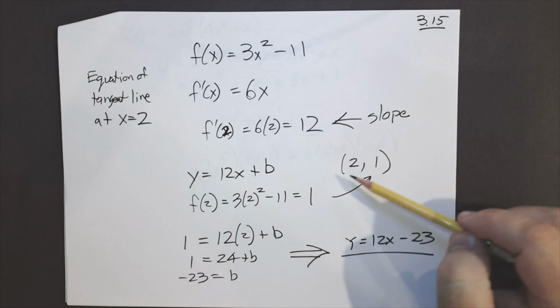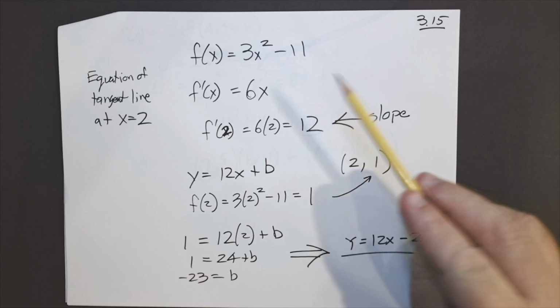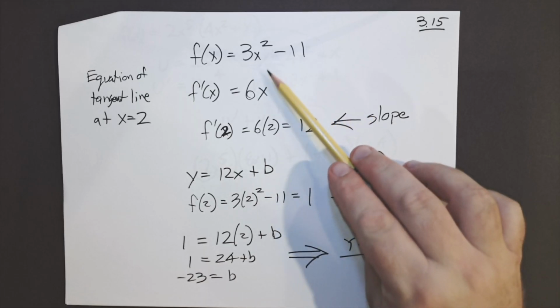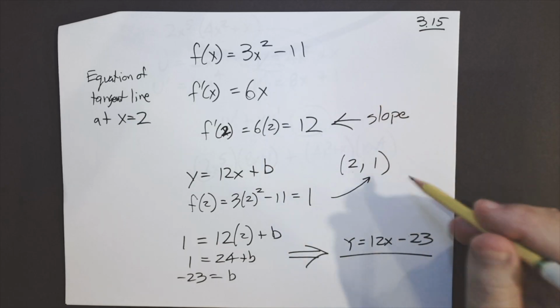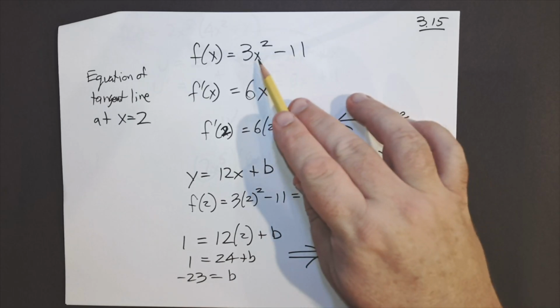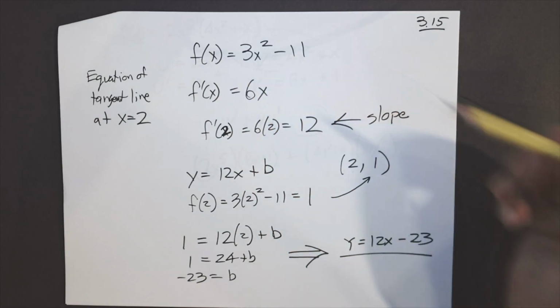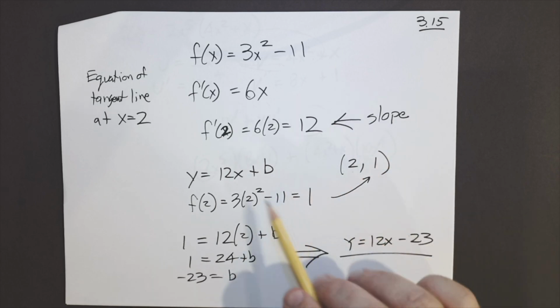Well, I know that my x value is 2. So I can plug that into the original equation to find the y value at that point. I need a point. And so what's the point here? Plug in 2 here. 3 times 4 is 12. 12 minus 11 is 1. So that's the point we're talking about. There's my x and y value.